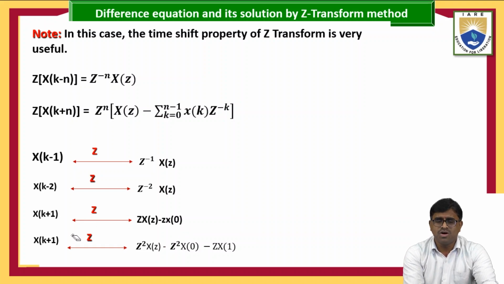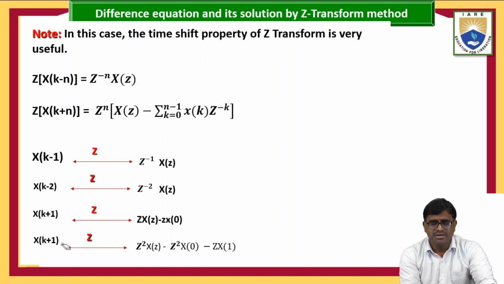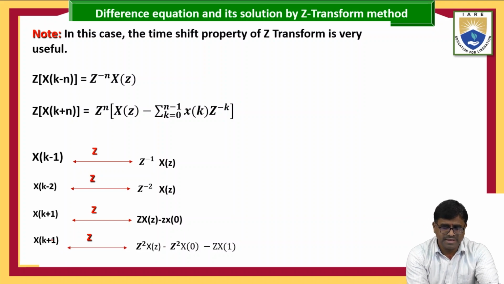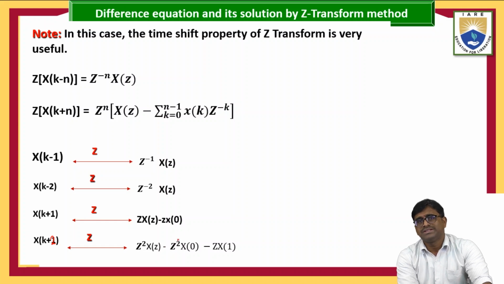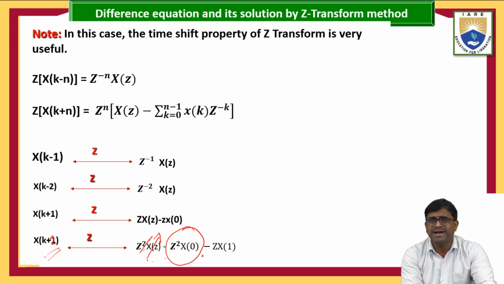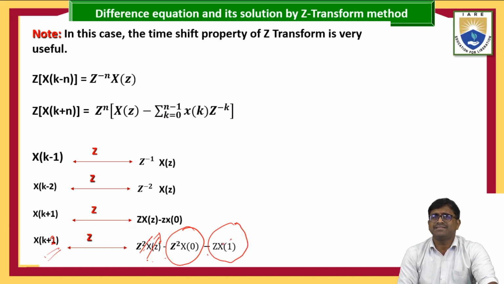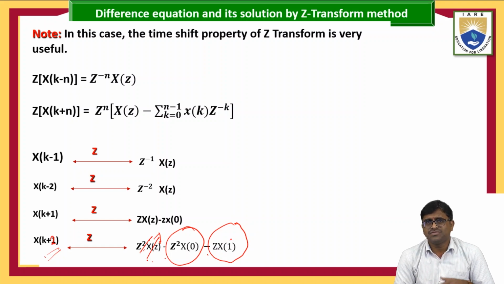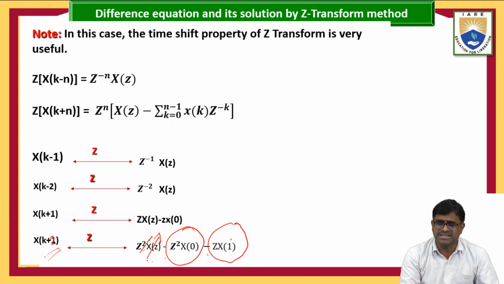After that, x of k plus 2, that is after two intervals, is z squared into x of z minus z squared into x of 0 minus z into x of 1. These are the shifting properties used for solving the differential equation problems, for analyzing discrete time signals.